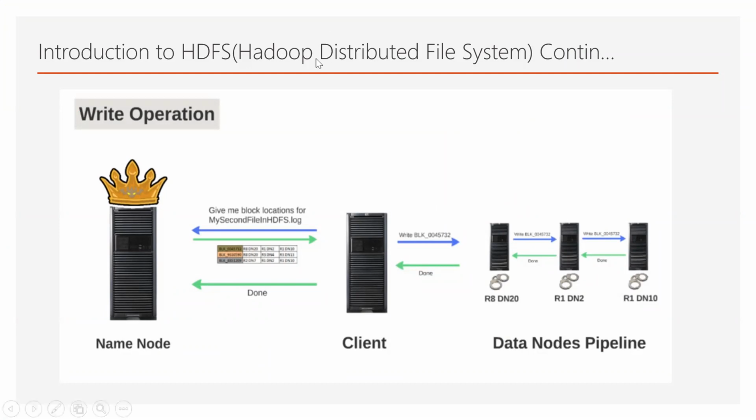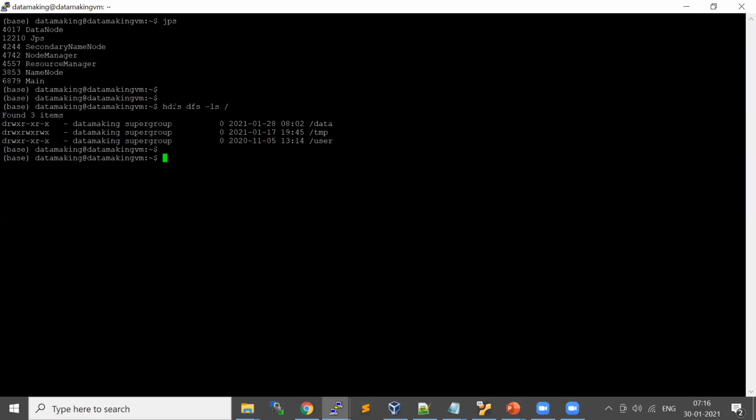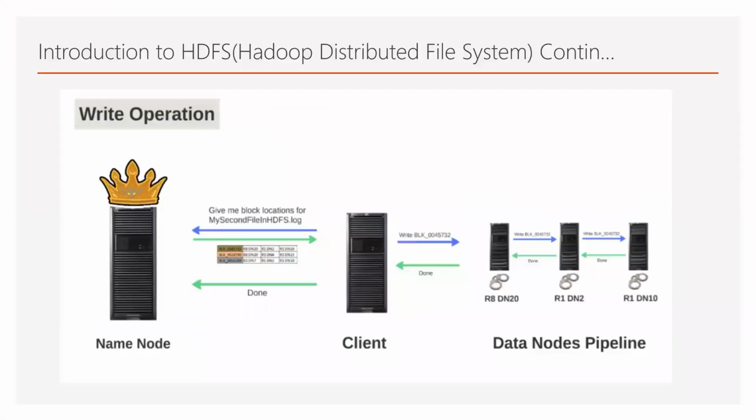So, when you issue an HDFS command, say for writing a file into HDFS, the HDFS client, which in our case is the command line utility hdfs, is going to talk to the name node and get where this file has to be stored, basically how many blocks and where those blocks need to be stored.